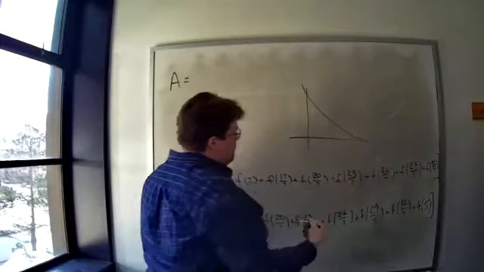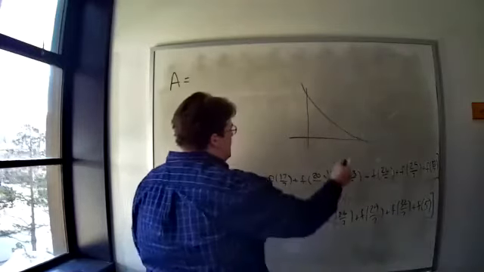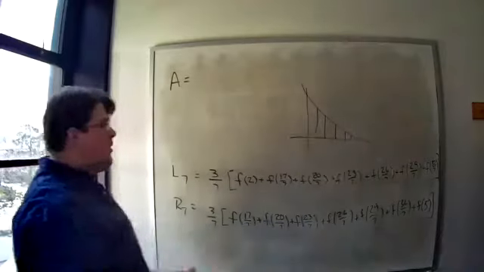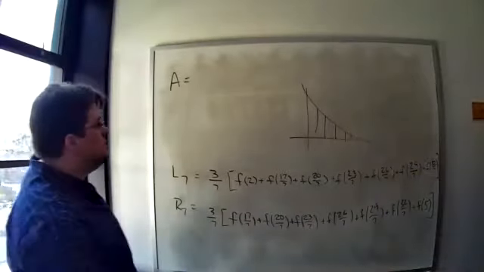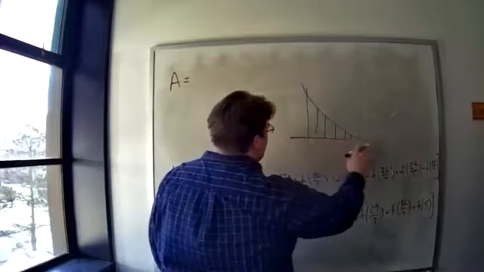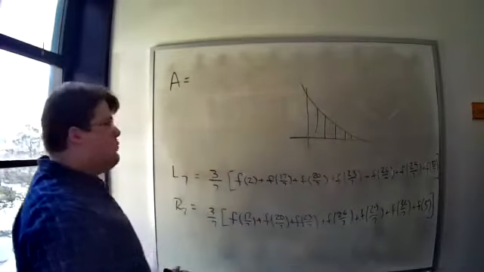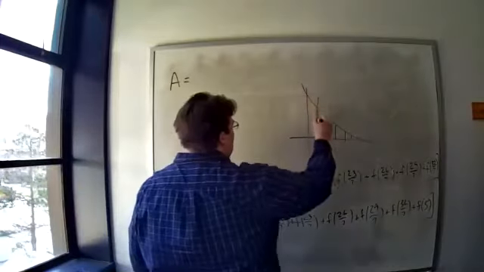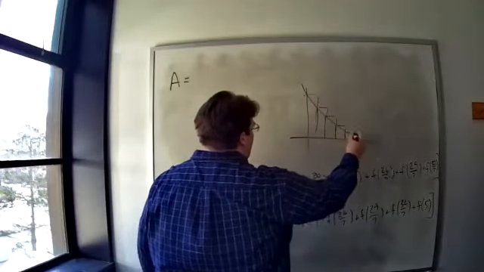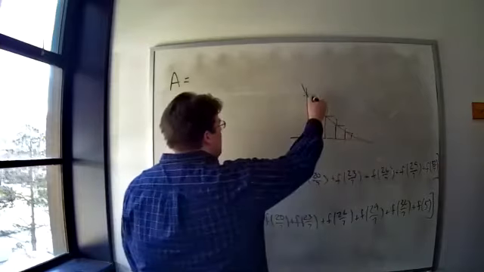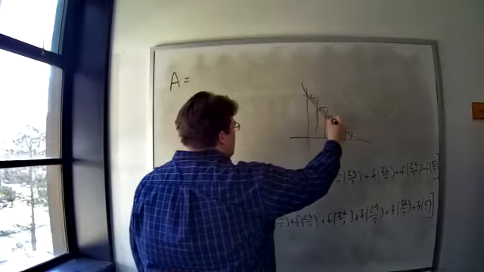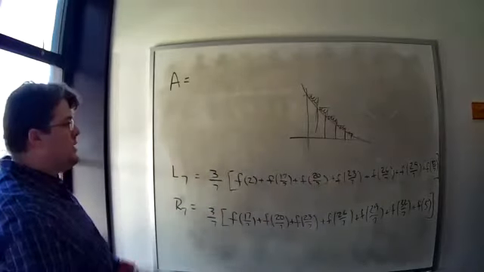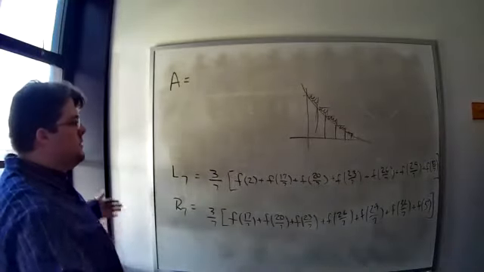So we're dividing, in this case, the interval 0 to 3, which is not drawn to scale, into a bunch of strips. And what we're observing is that as we use more and more rectangles, this piece, which is preventing our approximation from being exact, gets smaller.